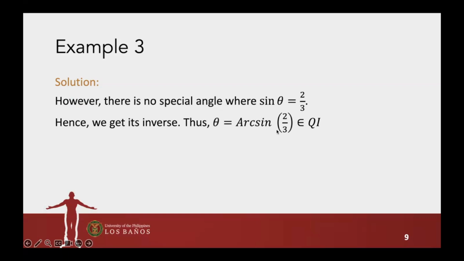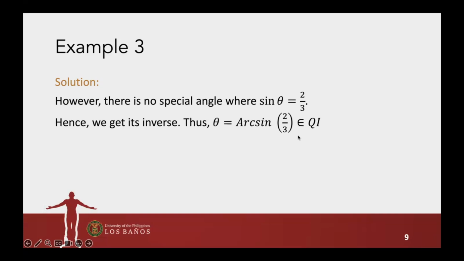And we know that when the argument of arc sine is positive, then theta is in the first quadrant. So this will be our first angle. Remember, theta must be in the first quadrant and in the second quadrant, following the previous slides, because sine theta is positive. Now we were able to get the angle in the first quadrant.